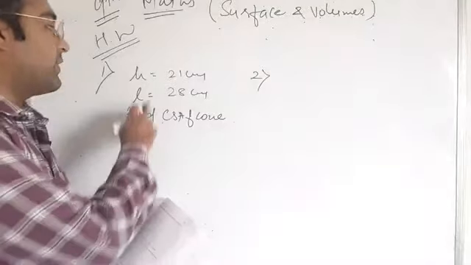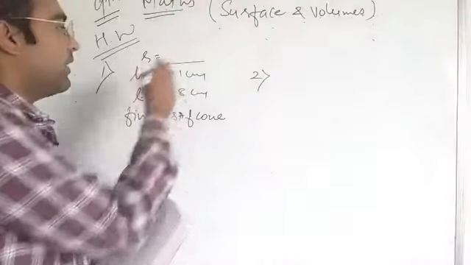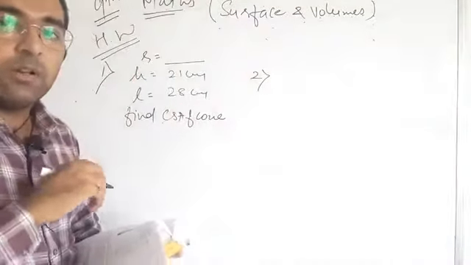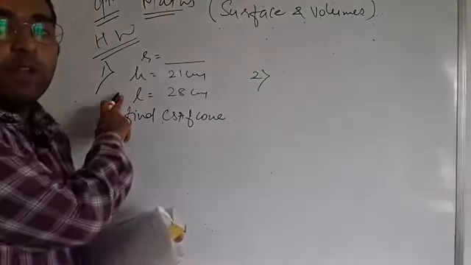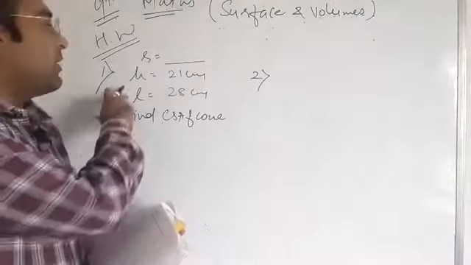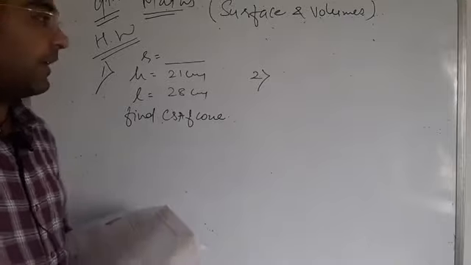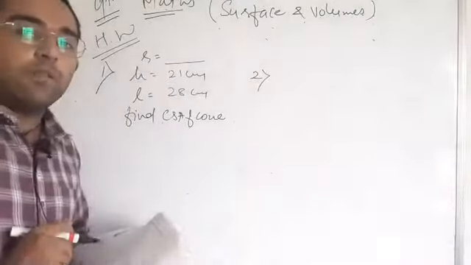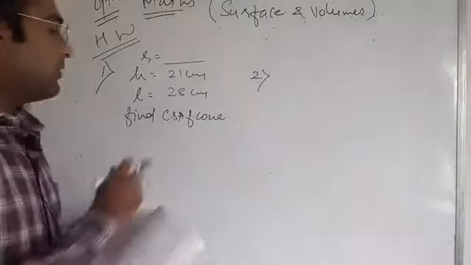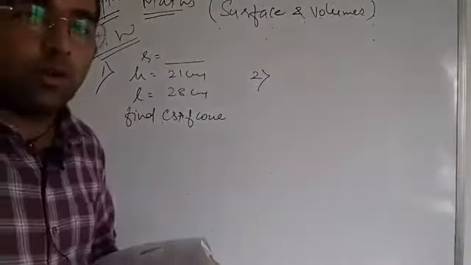I'll give you a hint for this question. First of all you must find the radius of the cone, using the Pythagoras theorem in the triangle. Put the values of height and slant height, and find the value of the radius. Then put the values of radius and height to find the curved surface area of the cone.